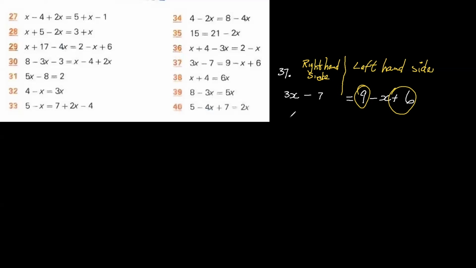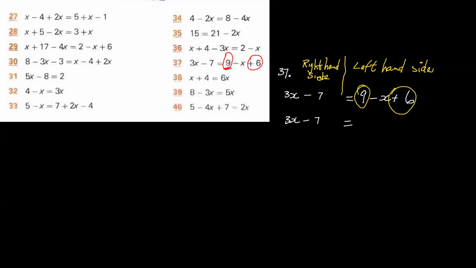So you're writing back the left-hand side, which is 3x minus 7 equal. What are we doing with the 9 and the 6? Work that out for me quickly. Anybody want to help me with that? The 9 and the plus 6. What are we doing with them?